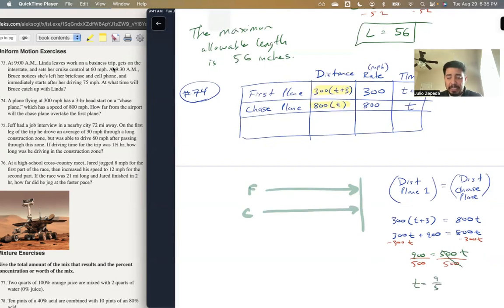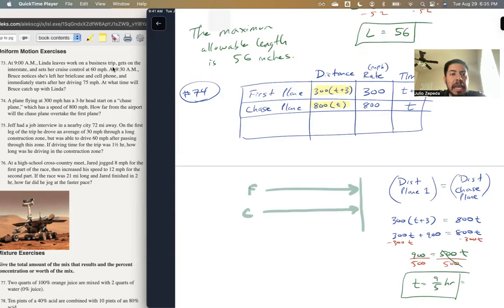Now, what is t? T is the amount of time that the chase plane travels, right? So this is in hours, and, well, we can leave it as 9/5 hours. That's okay. Did we want the time that the chase plane travels? What were we looking for here?